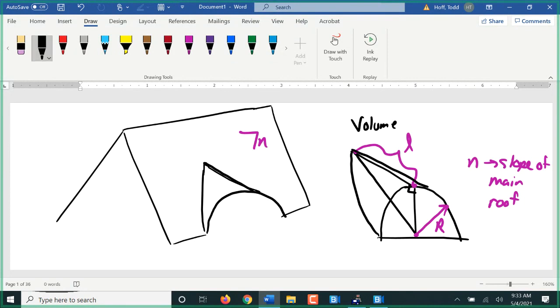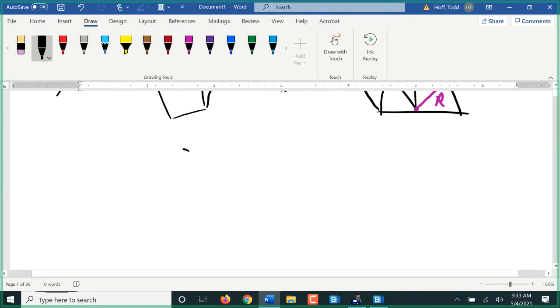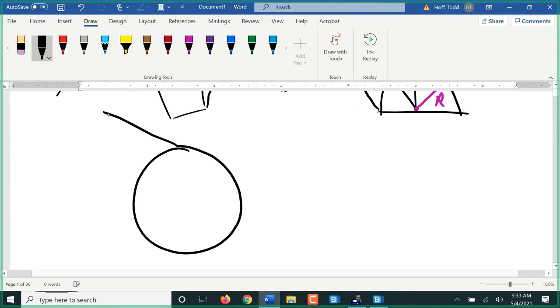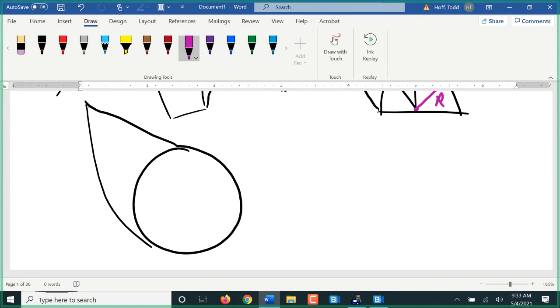Now, if this were a full cylinder, so a full circle here coming up to a point and being cut off like that, well, what we would do is we would either find the volume of the whole cylinder and divide it by 2 because it's a half of a cylinder, or we would use, like we did yesterday with the chimney, an average height.